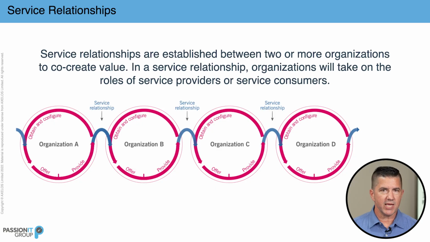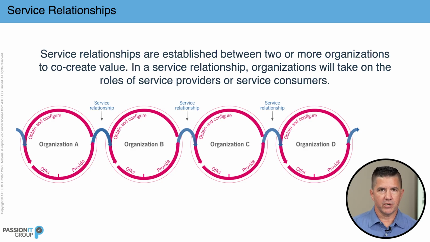And so what we see here on this slide is kind of an example about how a relationship is produced between the provider and the consumer. But what's really cool is that those providers are going to hand something off to a consumer. You can see that organization A right here. But see what happens with organization B? There's that service relationship, and in that service relationship, A is the provider, B is the consumer.